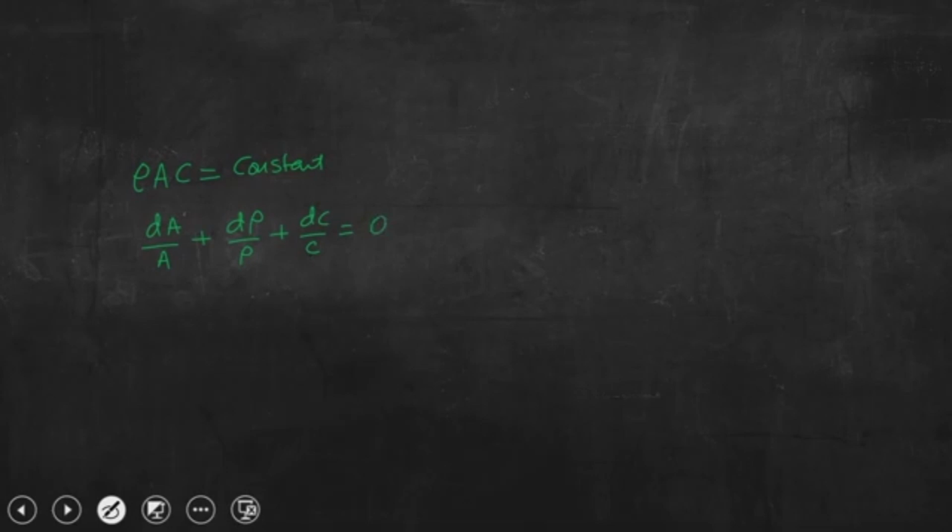So, this is equation 1. This is what we have obtained from the mass conservation equation, by taking the log on both sides and differentiating.